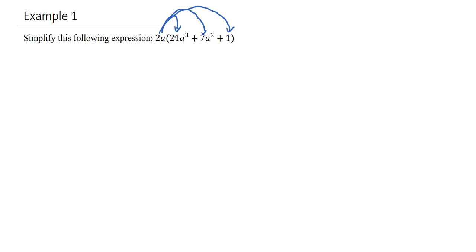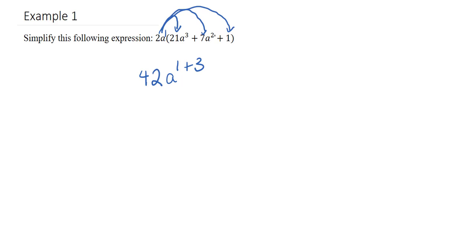So we got 2a times 21a to the third. Well, that would be 42, because 2 times 21 is 42. Now we can go ahead and add our exponents because they have the same base. So we have a to the first and a to the third.